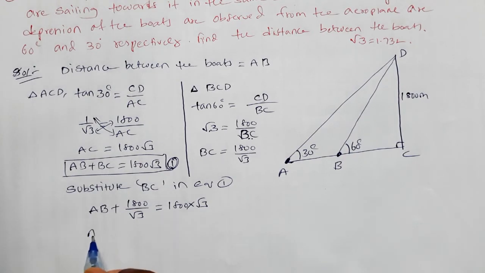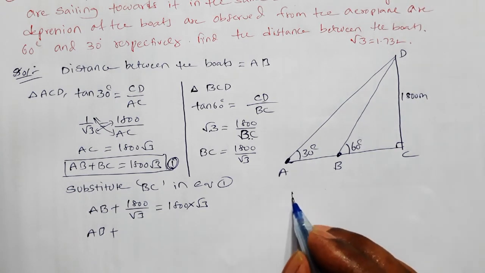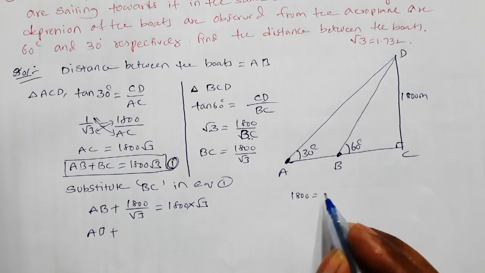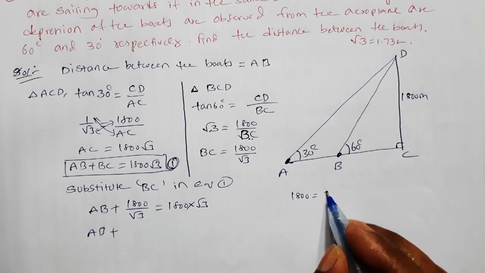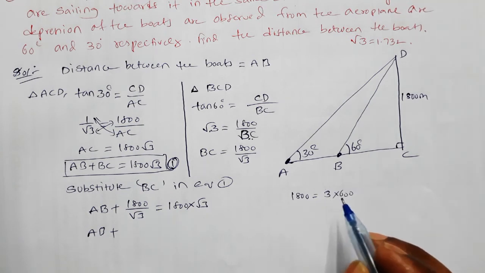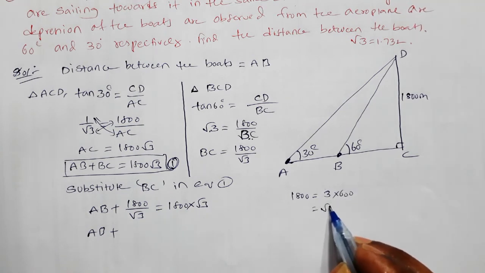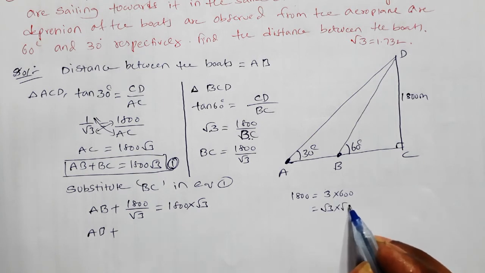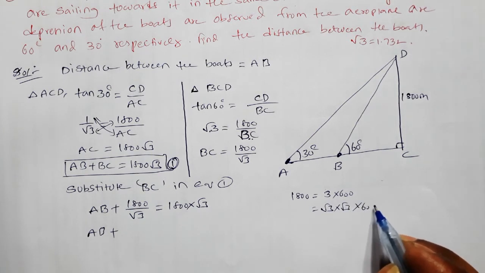Now AB plus, 1800 can we write like this? 1800 we can write as 3 into 600. And 3 we can write as root 3 into root 3 into 600.